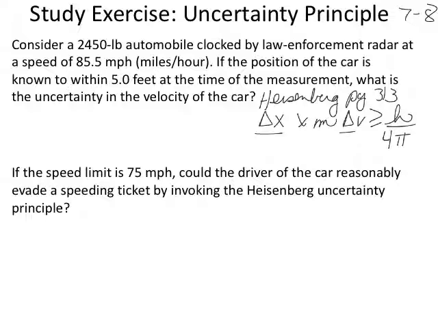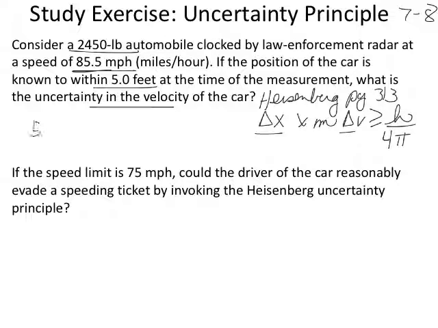And like I said, I've never actually worked this equation, but basically they're giving you a speed, and they're giving you a position, and they want to know what the uncertainty is. They're giving you the mass of the car, and you don't even have to worry about these units.